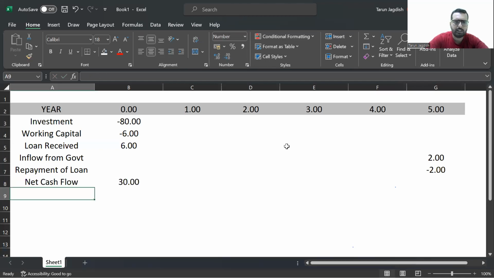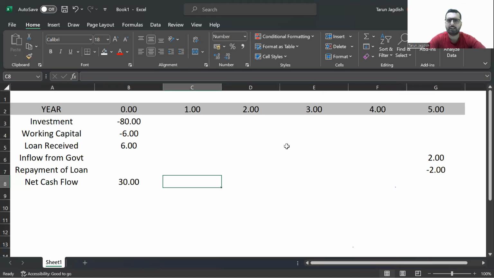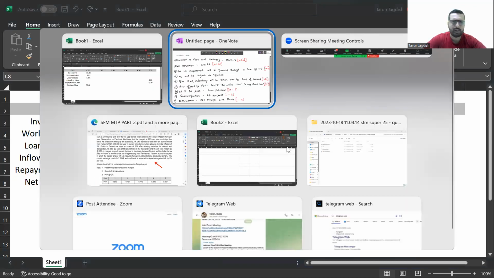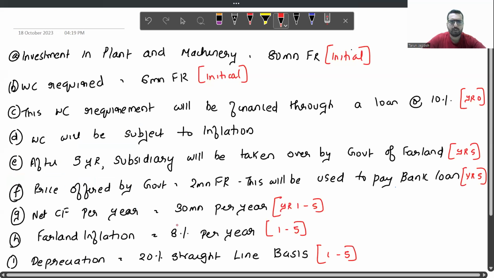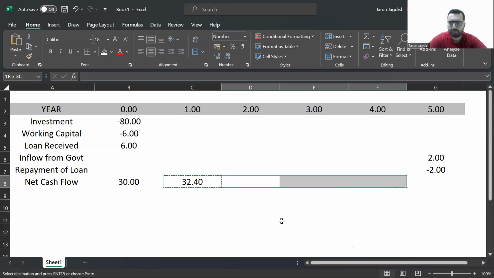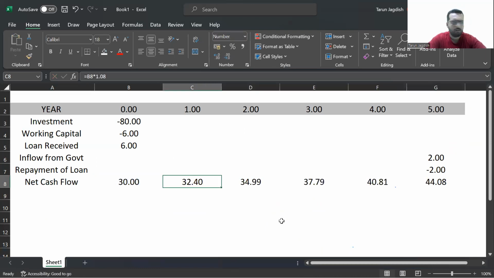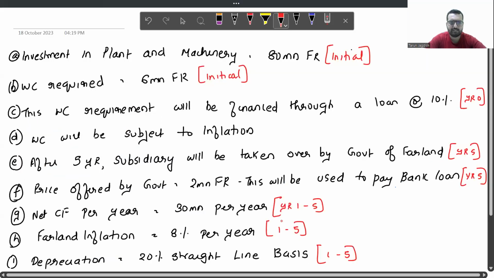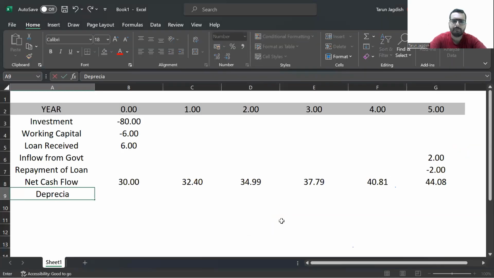Okay, it will be year 0, and they have some inflation that is told. How much is the inflation told in Africa? 8%. So I'll just put this into 1.08. Okay, 32.4, 32.95, etc. So once I get this inflation, depreciation is 20% on straight line basis.